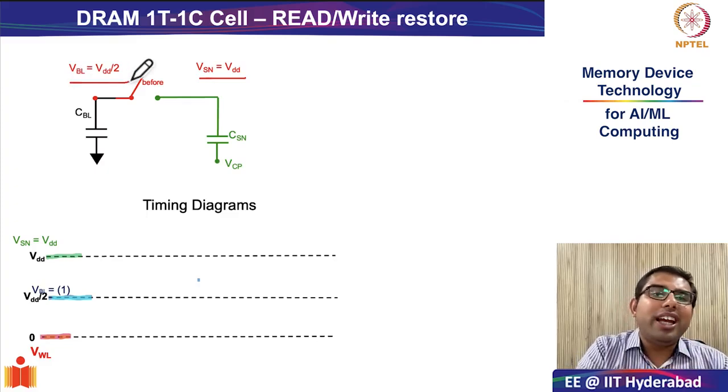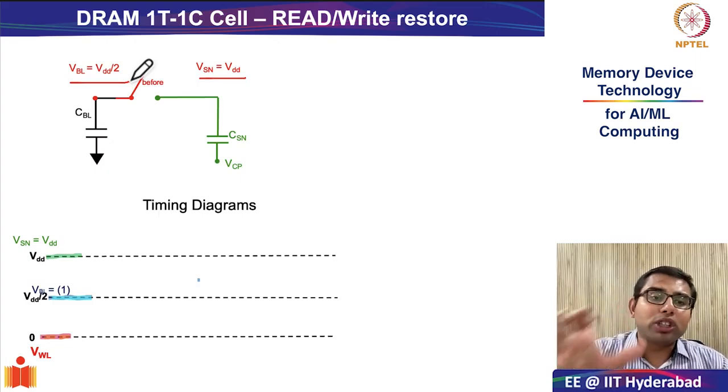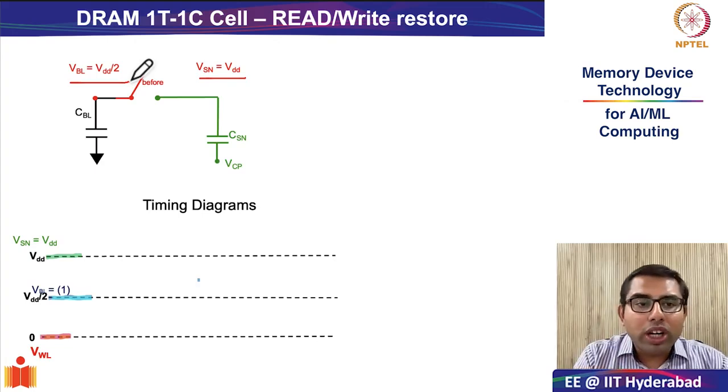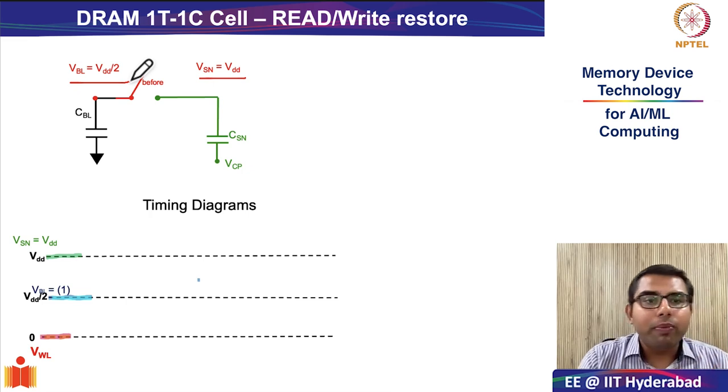If it is VDD by 2, there will be a positive gradient between the storage node and the bit line when VSN equals VDD, and therefore the bit line will get charged, and it will get discharged when VSN is equal to 0. So with this idea, let's begin.